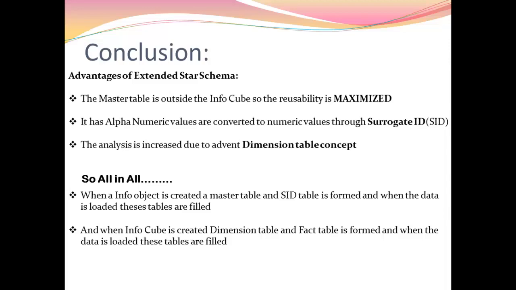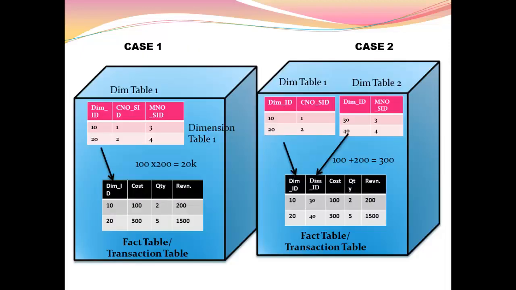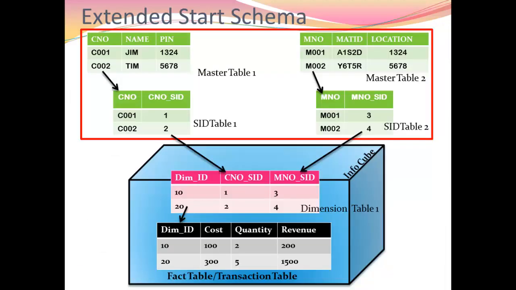So all in all, when an InfoObject is created, a master table and SID table are generated, and when the InfoObject is loaded, the master table and SID table are filled. Similarly, when an InfoCube is created, the dimension table and fact table are created, and when the cube is loaded, the dimension table and fact table are filled.